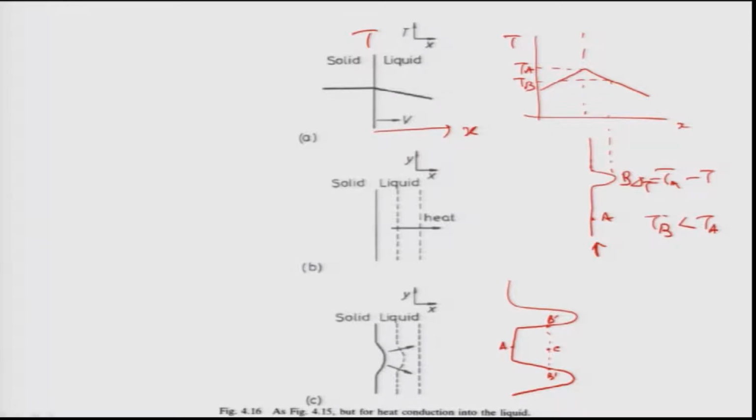This latent heat evolved because of the solidification will heat up the liquid nearby point B. So, C, which is far away from the B primes, will be more undercooled, and because it is more undercooled, it is very easy to form another protrusion.